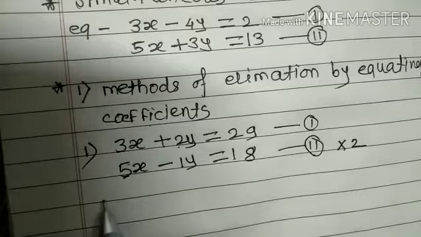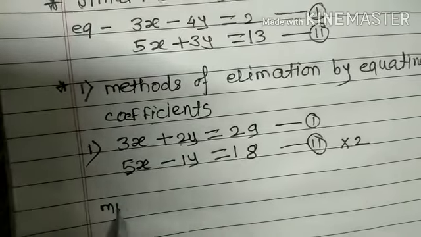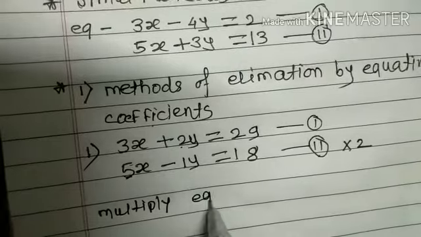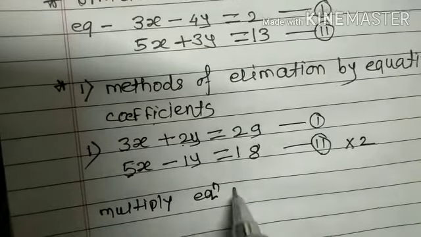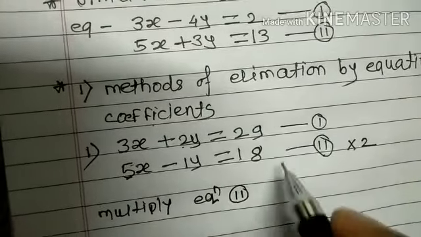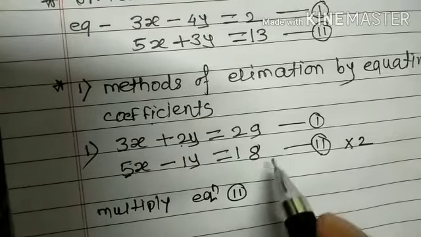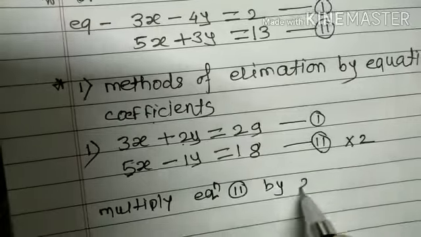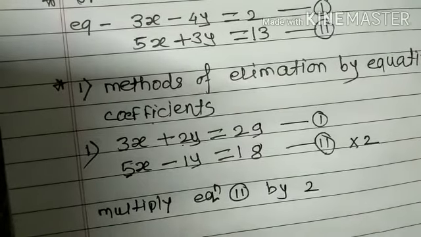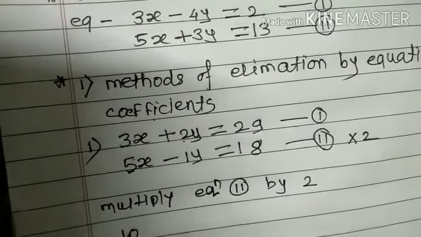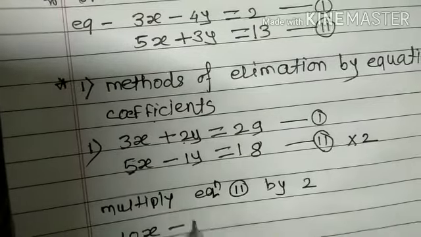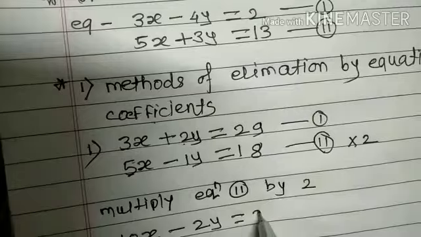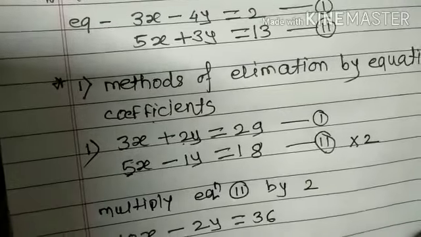Hence here I also write: multiply equation 2 by 2, and then 10x minus 2y is equal to 36.